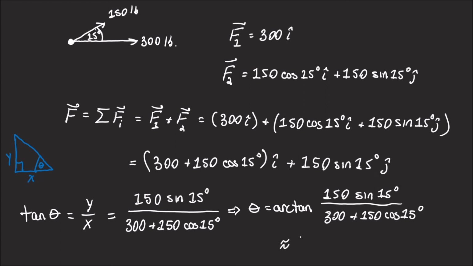If you plug this into a calculator, you should get approximately 5 degrees. So remember, the magnitude was 446.6 pounds with a direction of 5 degrees above the horizontal. So that concludes vectors in the plane.